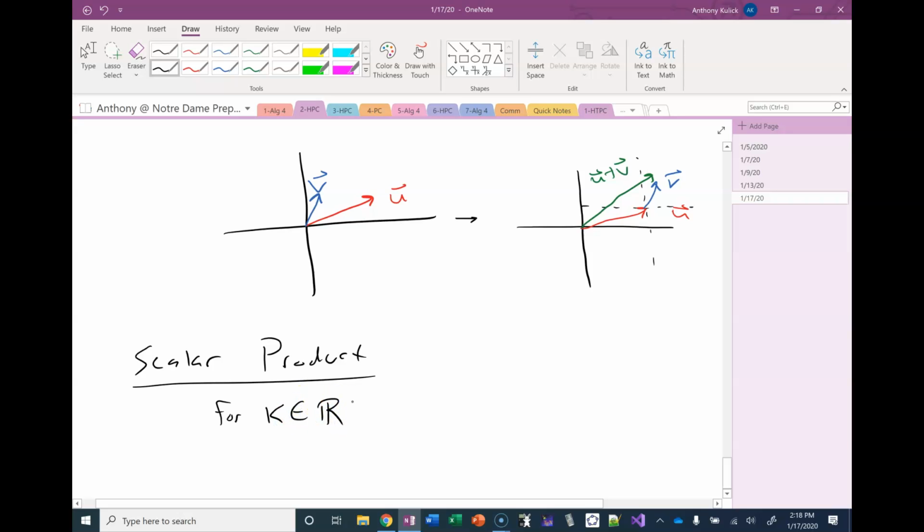So in this case, I'm going to use the letter K to be my scalar. And my vector U is going to be U1, U2.